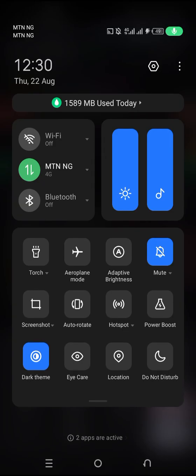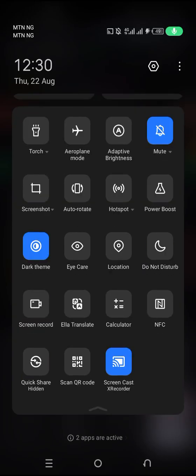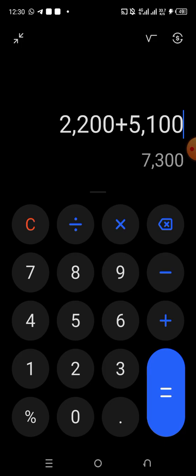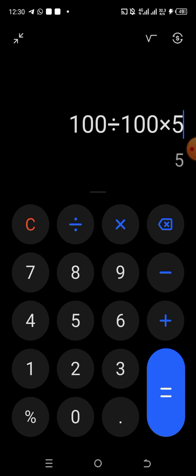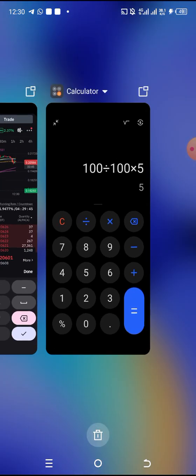For example, let me get my calculator. You divide 100 by 100, and that is 1. Then you multiply by 5. So if you have $100, you have $5 as your 5% of your trading capital.